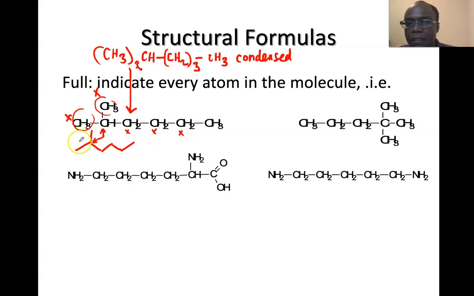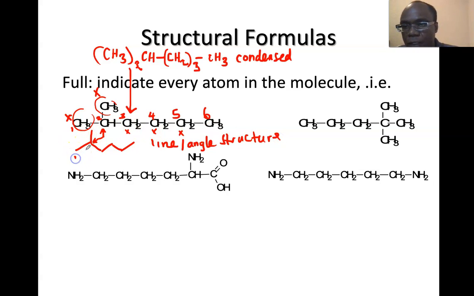You could start the other way by flipping this molecule, it doesn't matter. So notice that I have 1, 2, 3, 4, 5, 6 carbons, which means I should have 6 carbons in my line angle structure, which is what I would expect you to use.